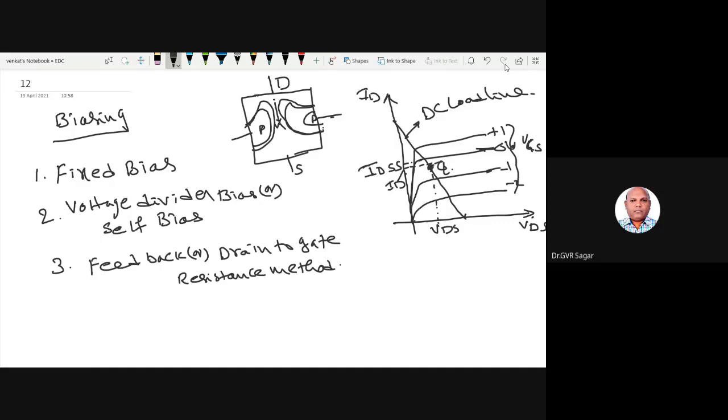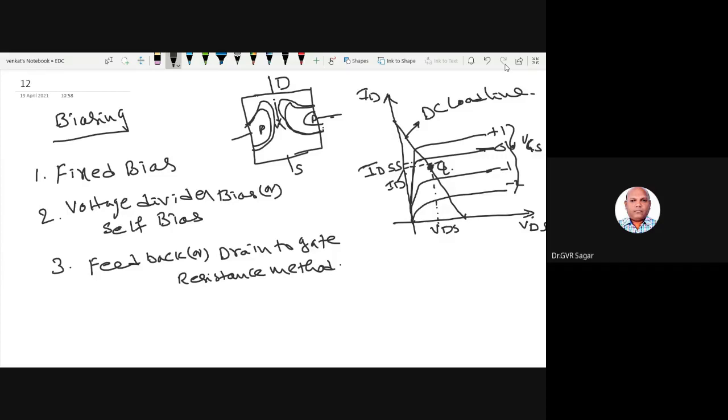The same stabilization technique consists of the application of a bias. This applied bias will always maintain the minimum zero signal collector current IC. Here also, minimum drain current is maintained, and minimum drain to source voltage is maintained. That is the condition for the operating point.